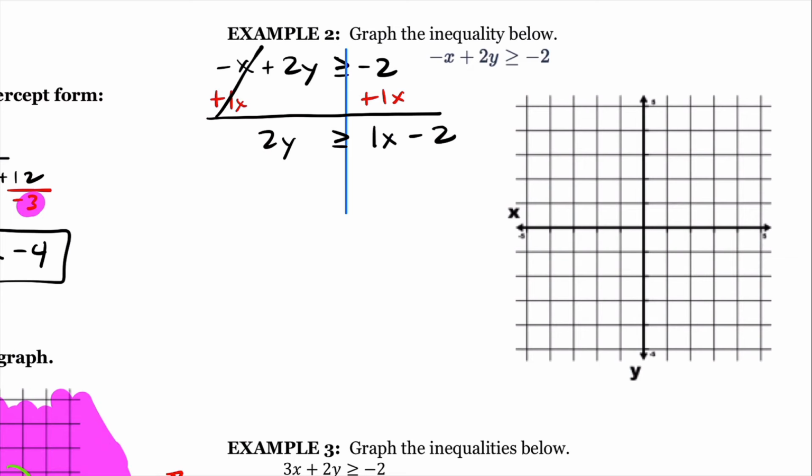Okay. Last step, divide by 2. This time I'm dividing by a positive, so I don't have to flip the symbol. So y is greater than or equal to 1 over 2x minus 1, because 2 divided by -2 is -1.